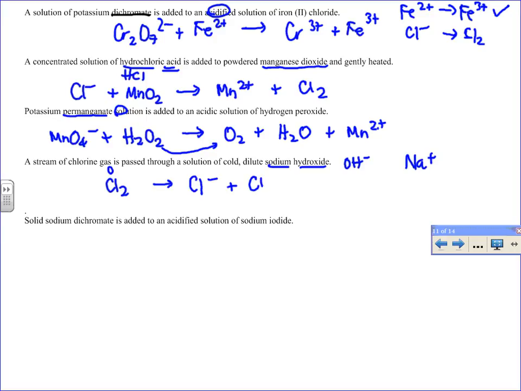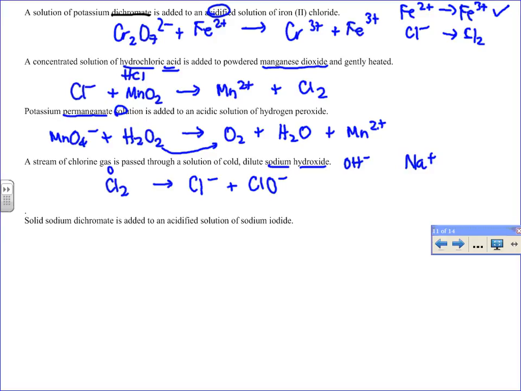But if it combines with oxygen to make something like ClO minus, or hypochlorite, then it has lost electrons. So in this case, it's really hard to see, but if you get really stuck, you want to try to think of how disproportionation might have occurred.